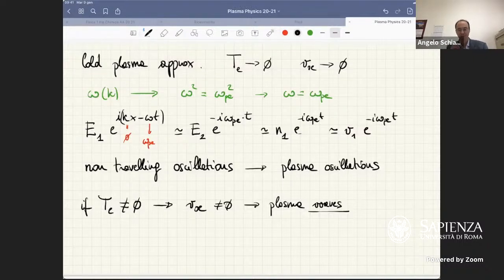And you might remember that the fluid description is valid up to a certain point.